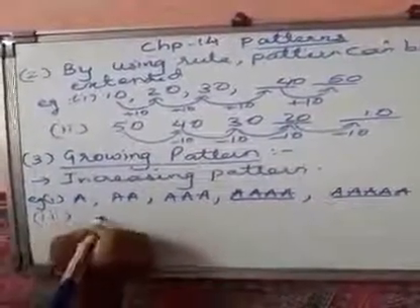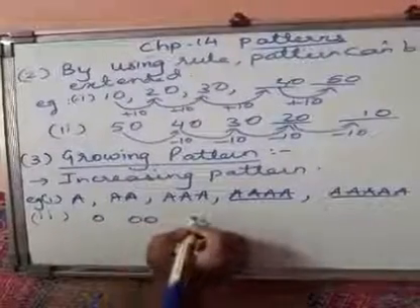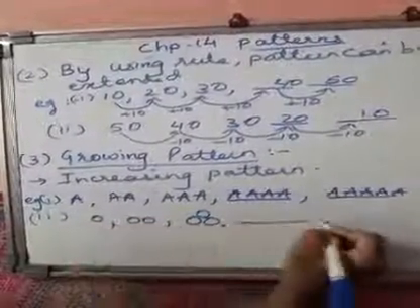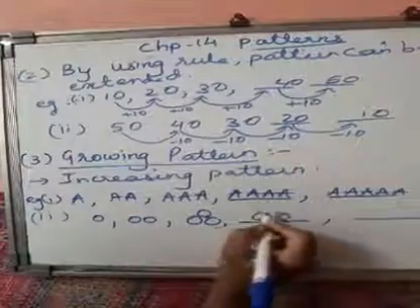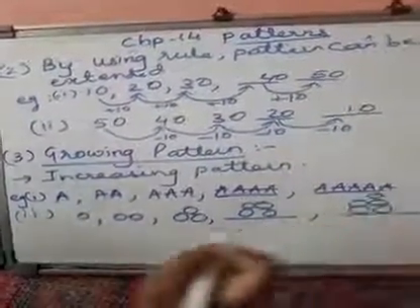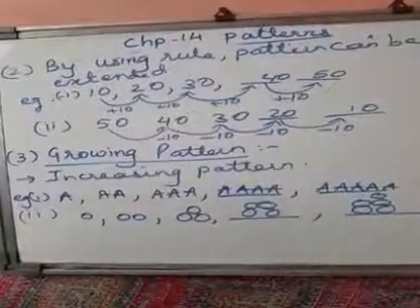See the next now. What can be the next? So here will be 4 balls. Here will be 5. So I am increasing the things.